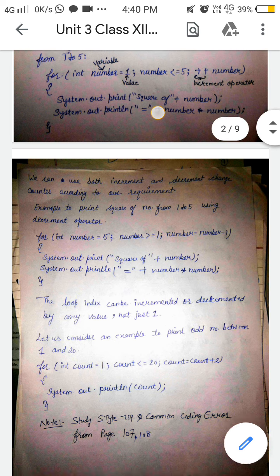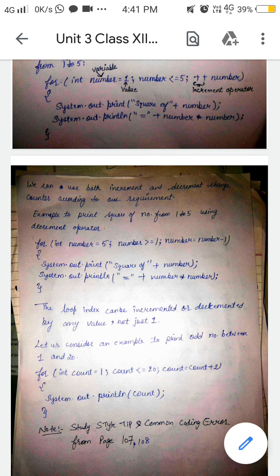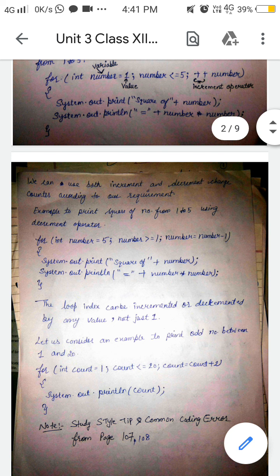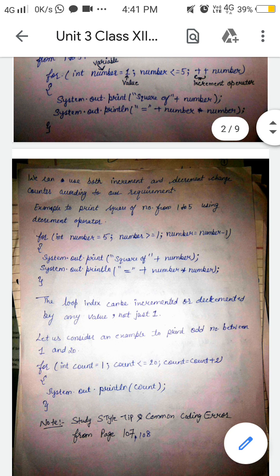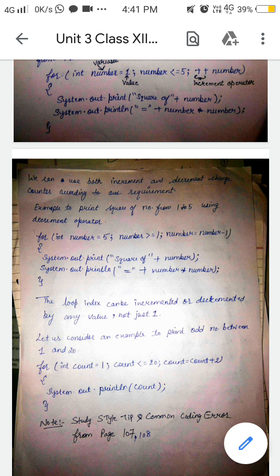Again these two statements will get executed, and after that the increment operator again, so 4 plus 1 is equal to 5. Then again the condition will get checked: 5 is less than or equal to 5. Yes, 5 is equal to 5. So it will print square of 5 is equal to 25. After that the control will come to plus plus number again, so 5 plus 1 is equal to 6.